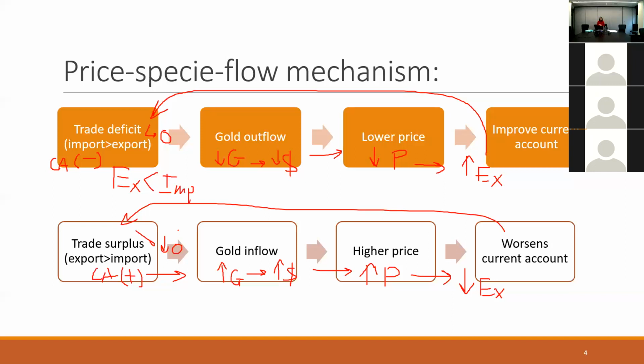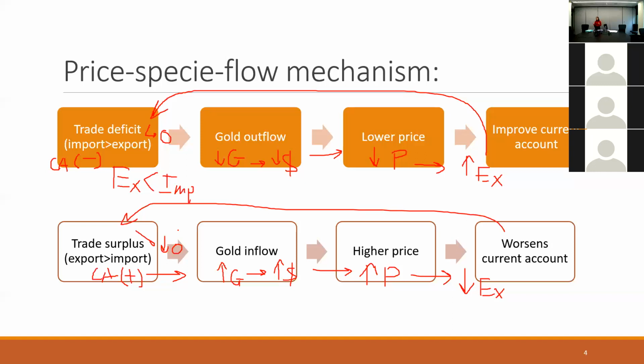Now, as you can see, for a country, say, if I really want to be selling more, if I really want to work hard and sell a lot of goods and services overseas, if I want to have a trade surplus for a long time, it's very hard for me to do, because under this system, every time I have a trade surplus, it will be corrected eventually, right?